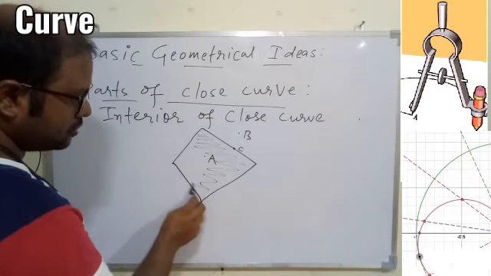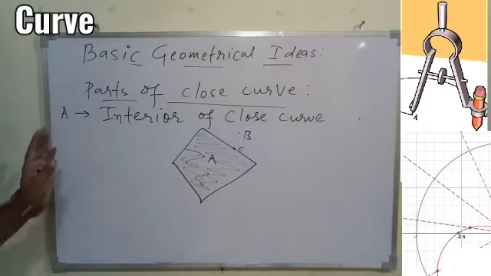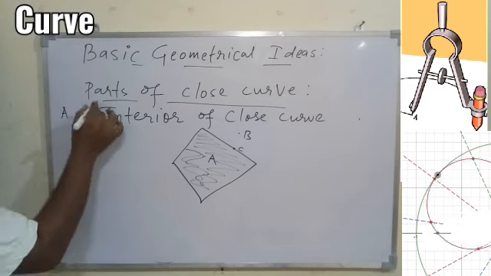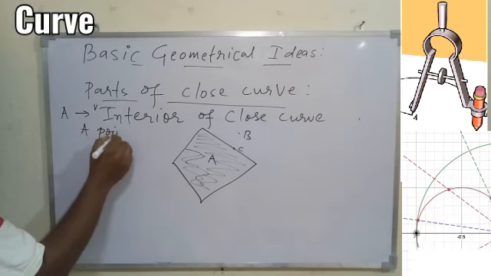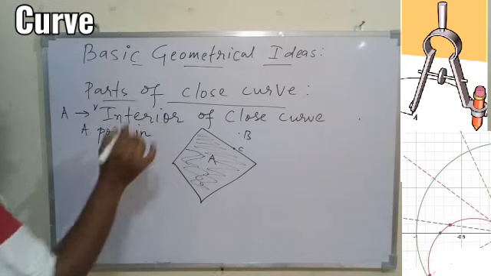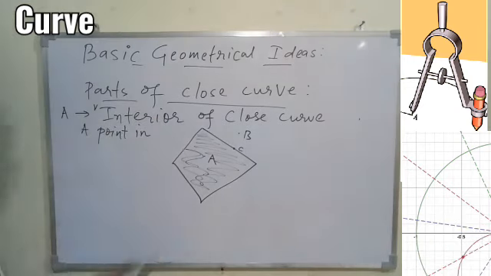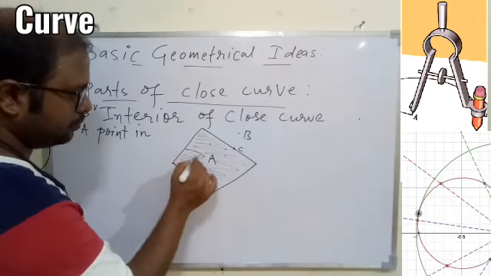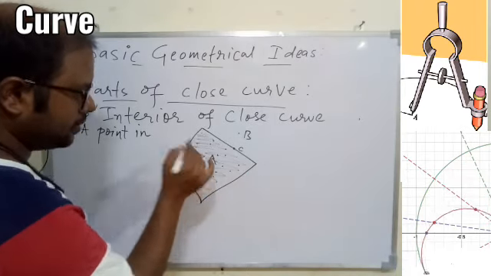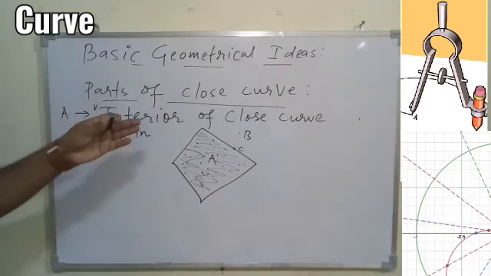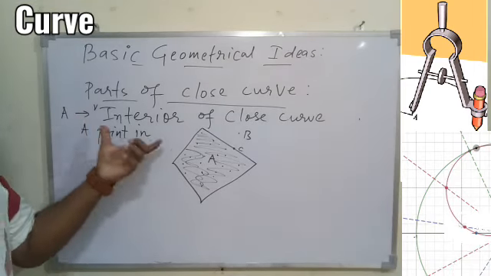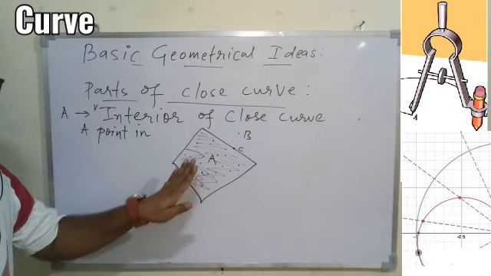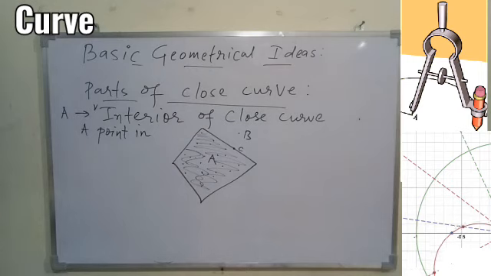The shaded portion that you see here is your interior of closed curve, and A, I can say, is a point in the interior of closed curve. Such points we can have infinite. All the dots you see here are nothing but points within the interior of the closed curve. When you talk about interior, we are talking about the entire space, entire area. The entire shaded portion is basically your interior of closed curve.